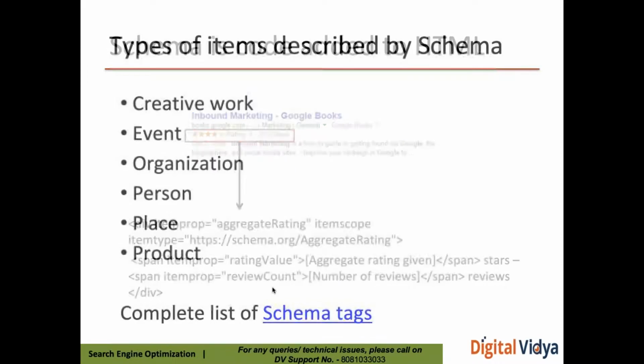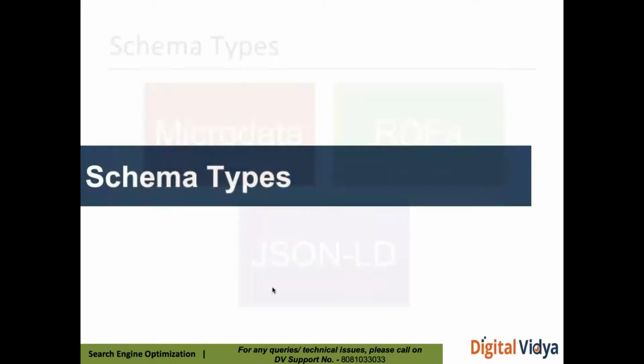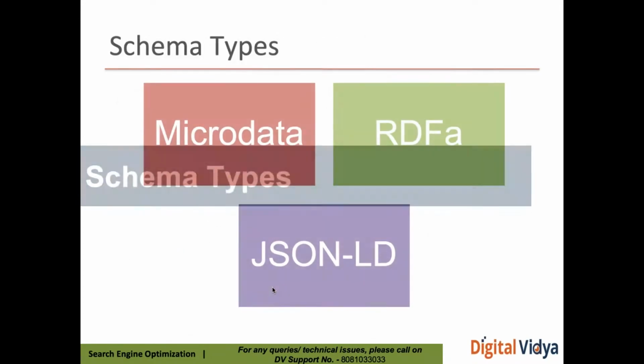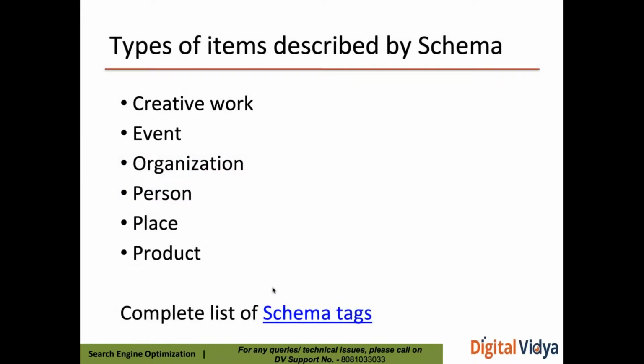Okay, so these are the different types of schema which you can apply. For example, these are the different types of schema which you can apply to your website and your blog. And there are two ways to apply the schema onto your website. One is with the help of a website developer, where they have to take the code and implement it onto the website.